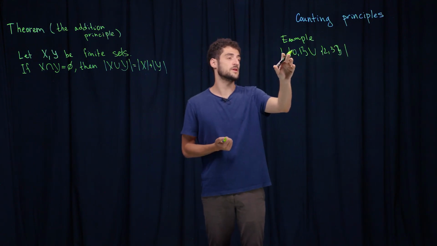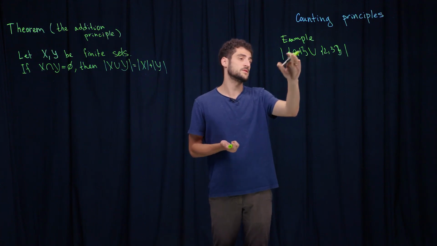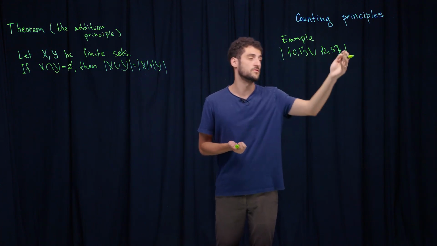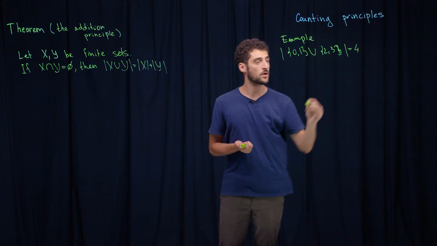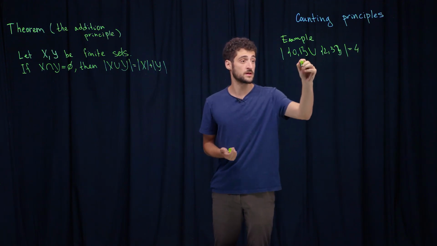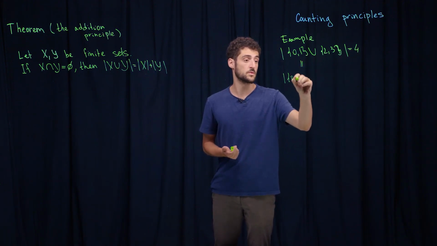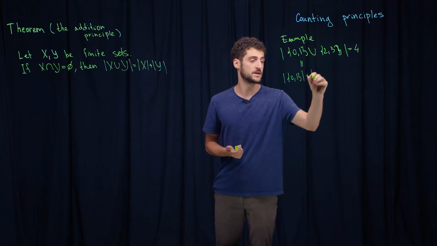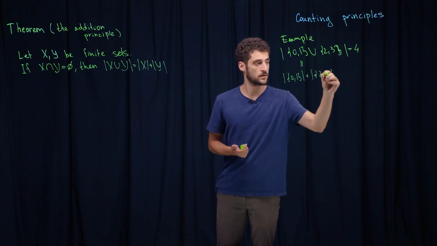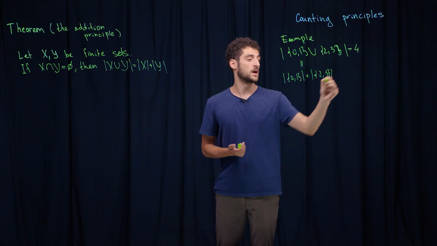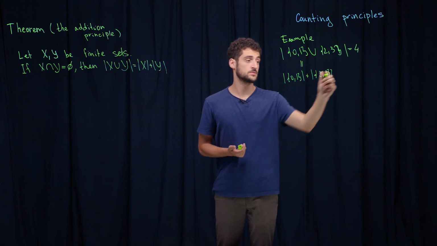It's easy to see that the size of their union is 4 because it's just 0, 1, 2, and 3. But using this theorem, we can say that it's equal to the size of {0, 1} plus the size of {2, 3}. And each of them has size 2, so it's 4.